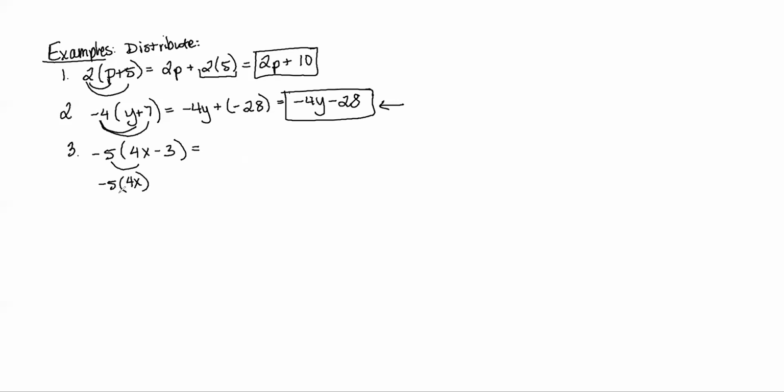We just can't add any terms like we end up with at the end of the first two. -5 times 4 is -20, so we get -20x. X just kind of comes along for the ride. And -5 times -3, focus on the signs that are in front of them, gives us a positive, so plus 15.